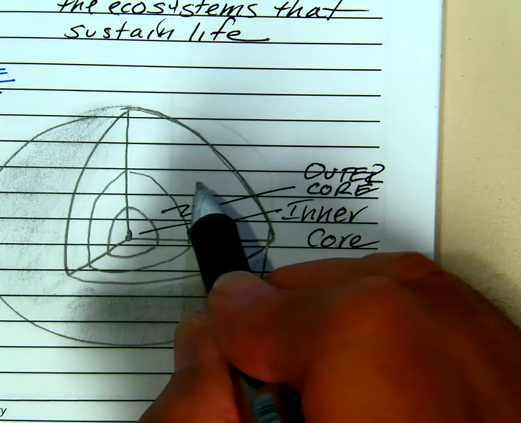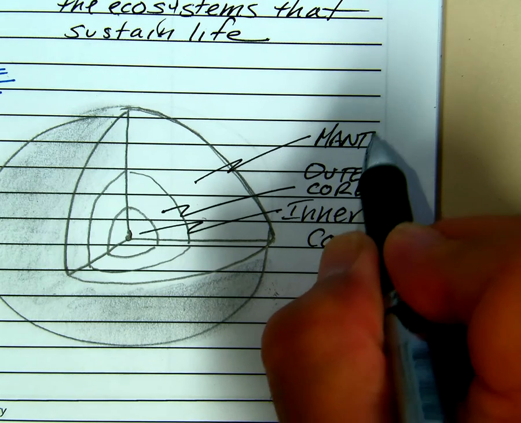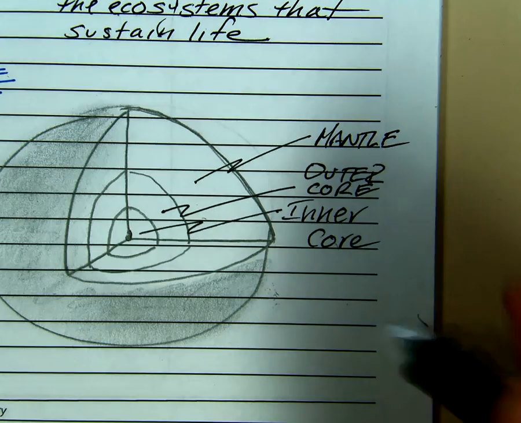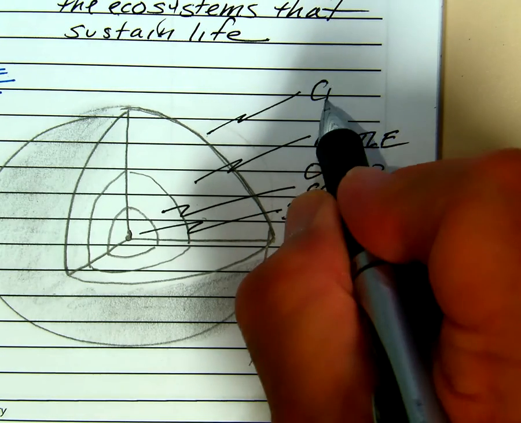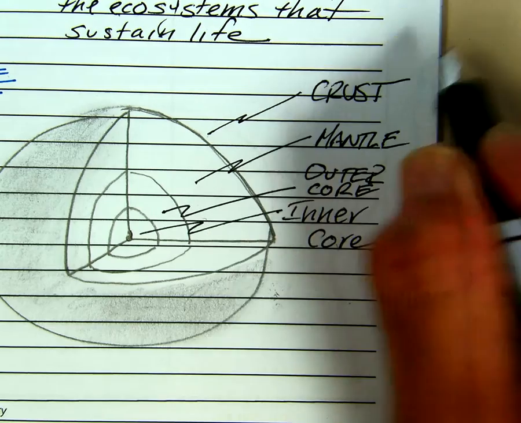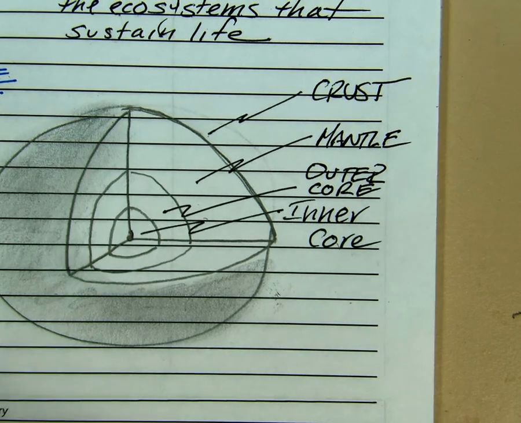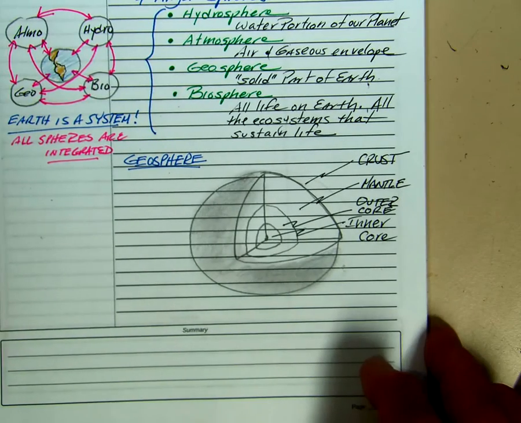This would be the mantle. Inner core, outer core, mantle, and this would be the crust. Okay, so that's kind of the structure of the geosphere. You need to be familiar with it.